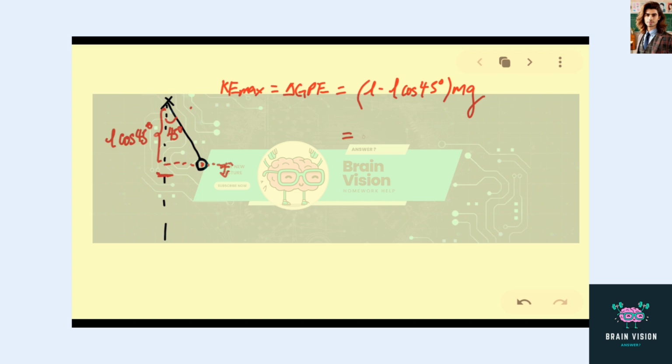L is given to be 0.8 meters. Multiply this by 1 minus cosine 45 degrees. Mass of our rock or pendulum is 0.12 kilograms. And g is just 9.81.